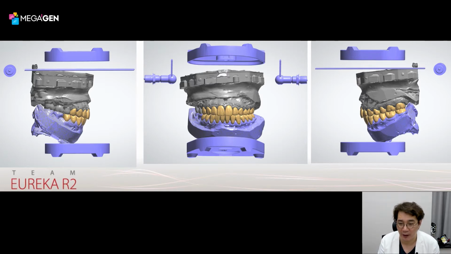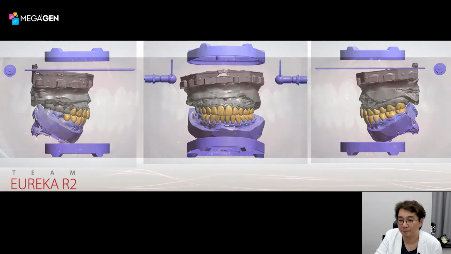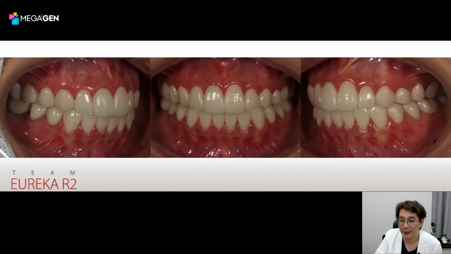Not only the provisional restoration, but also when you make the final restoration, you can use these CAD design files. So I put out the PMMA provisional restoration and immediately changed the starting point. I call this the new starting point.